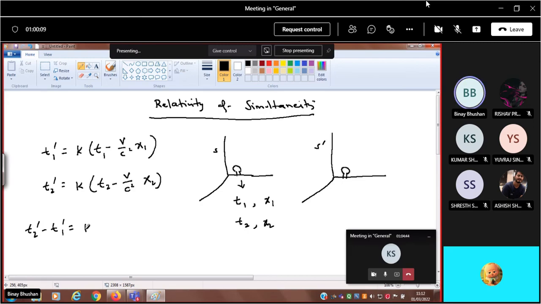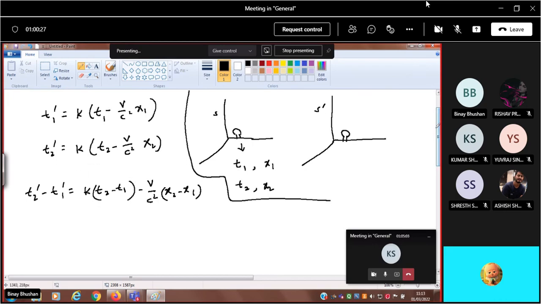If I take the difference, then on the right hand side, I will be getting K times T2 minus T1 minus V by C square (X2 minus X1). Okay? Is it okay? Yes, sir.